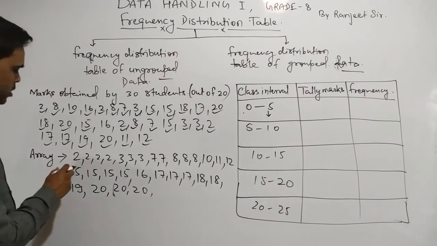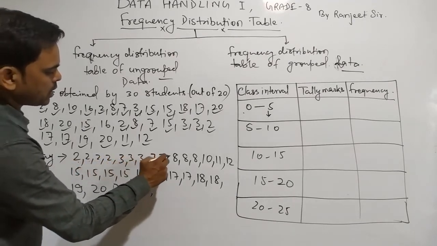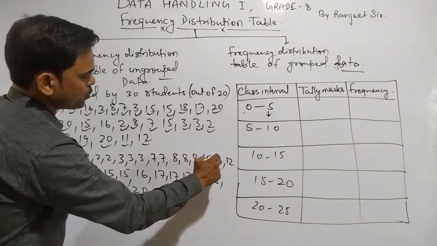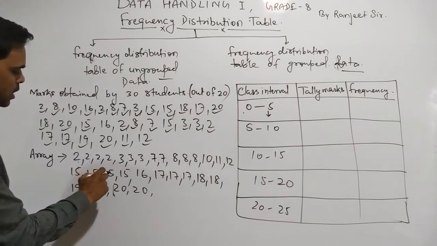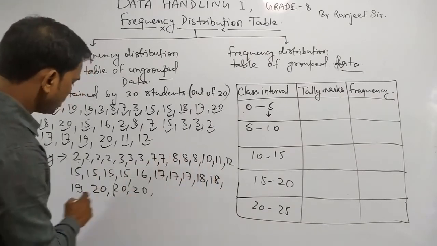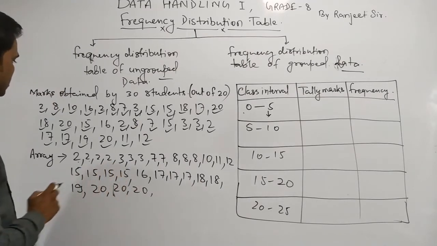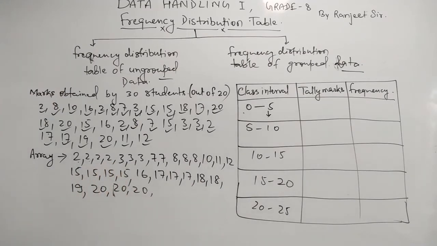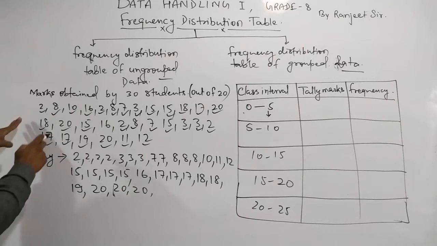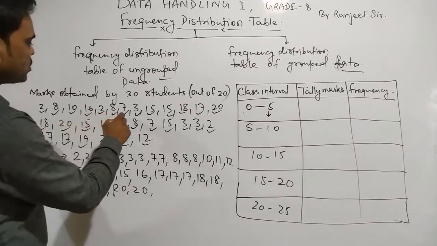I've written all 30 or not. 1 2 3 4 5 6 7 8 9 10 11 12 13 14 15 16 17 18 19 20, 21 22 23 24 25 26 27 28 29. Somewhere something is missing, so check what I have left marked.